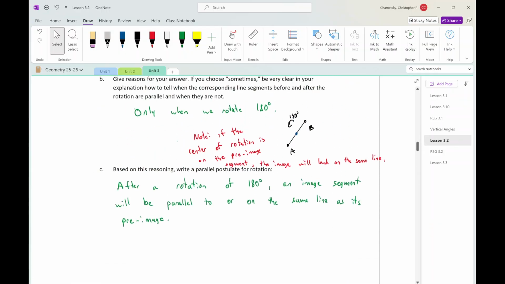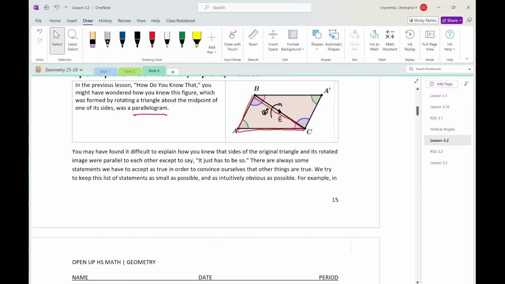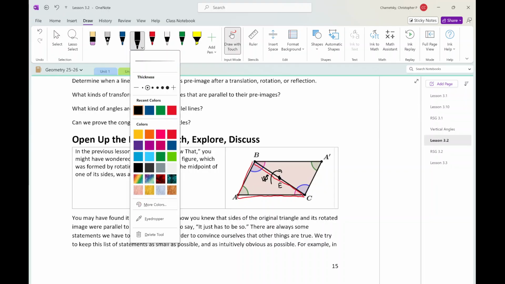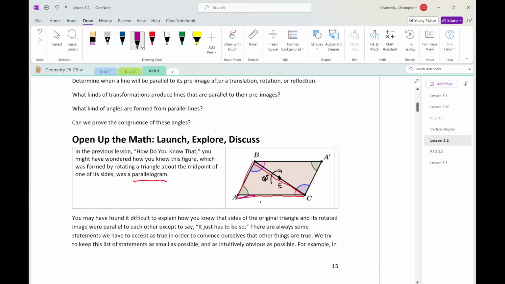If we think back to our original shape here, when we rotate, now we can go back and say, hey, if we rotate 180 degrees, we know that AC is going to be parallel to A prime B prime, and we know that AB and AC are going to be parallel.